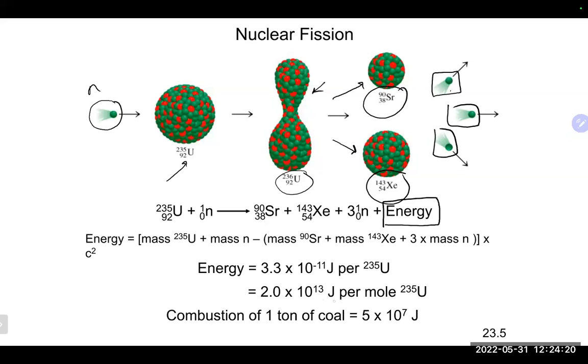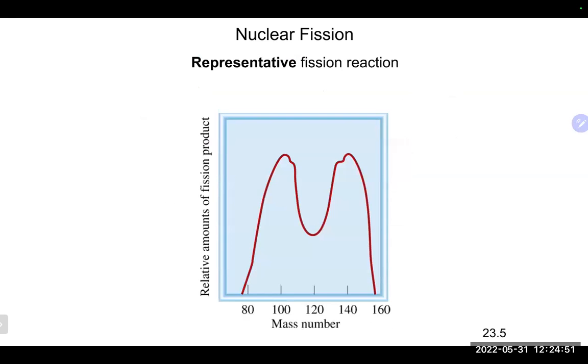By comparison, you get about 10 to the 13 joules in this type of fission reaction, versus about 10 to the 7 joules if you took a ton of coal and did a combustion reaction. The comparison is there because the traditional power plant has historically been powered by burning coal, while a nuclear power plant uses a fission reaction.